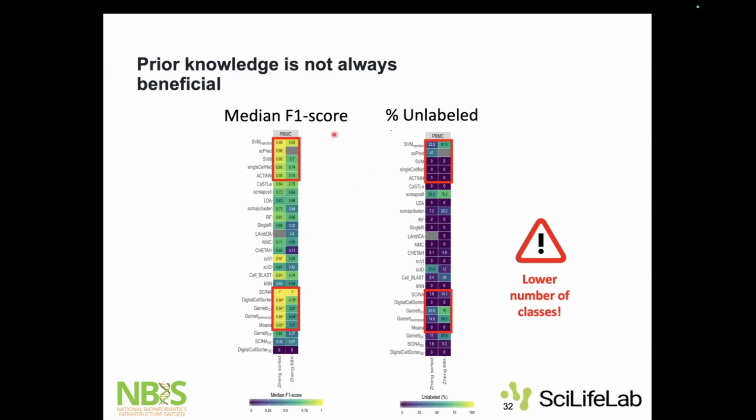And also, the first 5 here that we will see are doing very well: SVM, and scPredict, which is also SVM based, and SVM rejection. They are performing reasonably well, but SVM, I think, performs better here. SVM rejection has a higher rejection rate, especially when you have more cell types here.